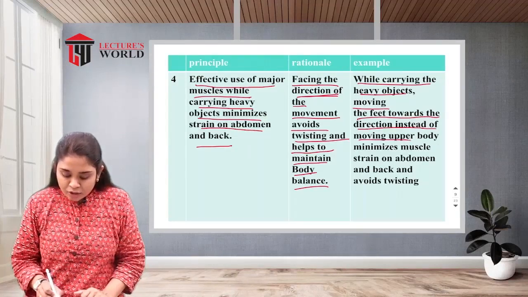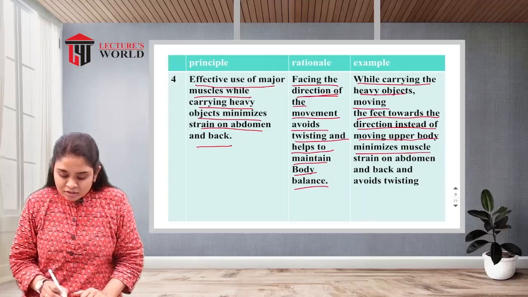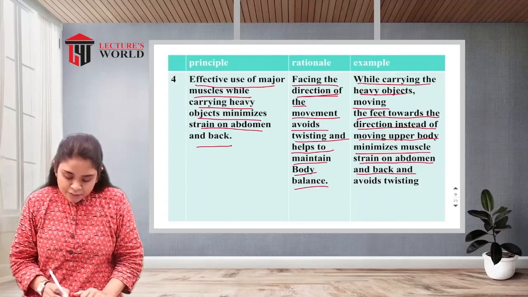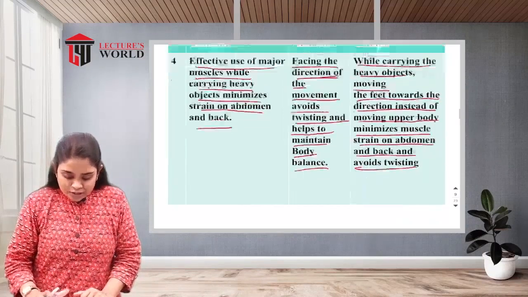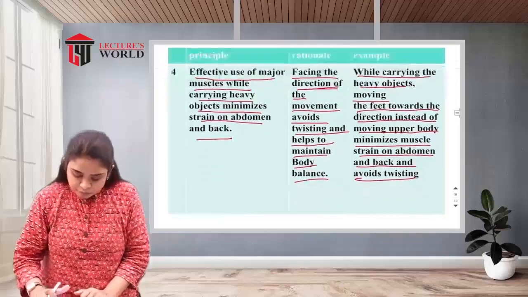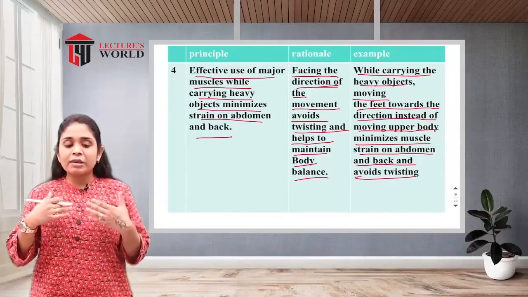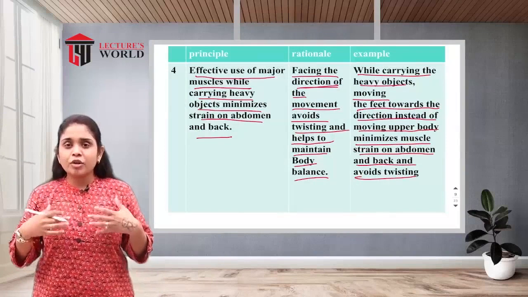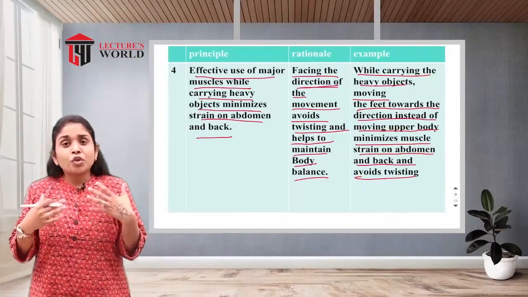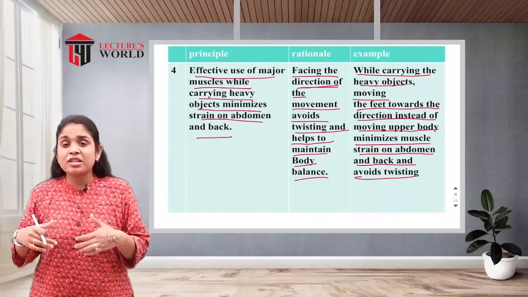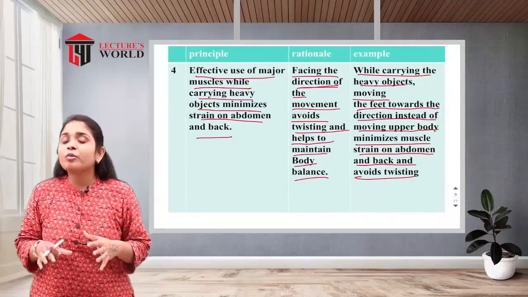moving the feet towards the direction instead of moving the upper body minimizes the muscle strain on the abdomen and the back and avoids twisting. So here what it has written is, while we carry the object and make some movement, make sure you are not only using the upper portion of your body, make sure you are using the lower part of your body also.